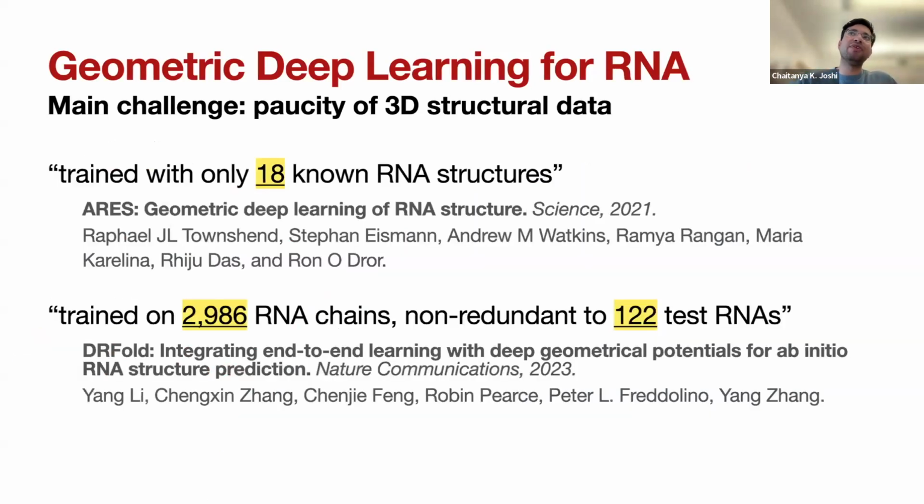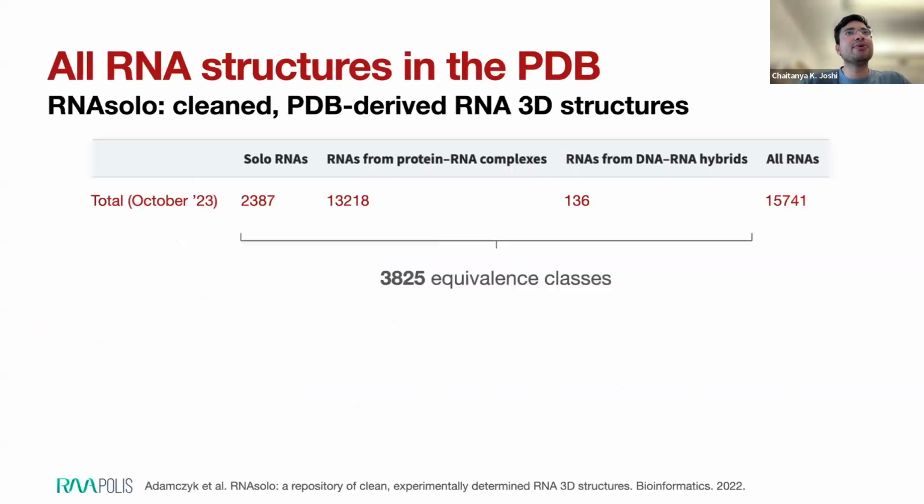In fact, when we look at some prominent papers, you see that the amount of data that they use is really small. So in our work, we went and collected this RNA 3D structure data. We used RNASolo, which is a nice repository which collects these structures from solo RNAs, but also from complexes.